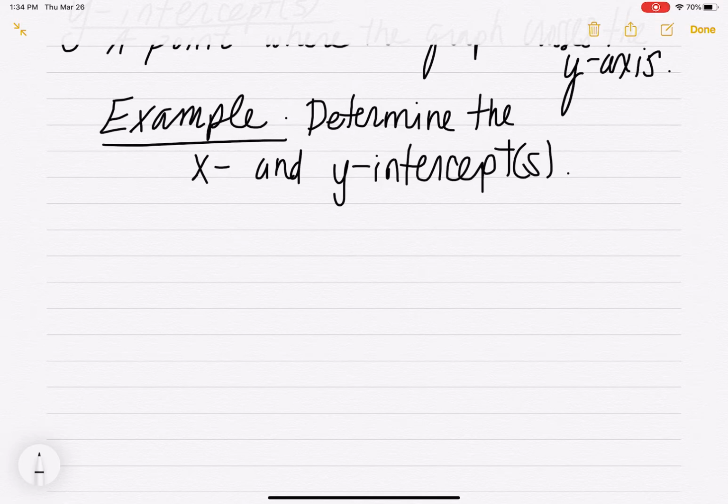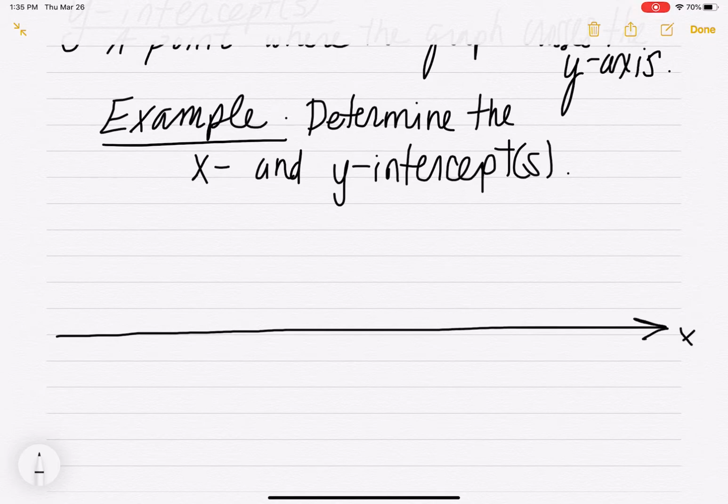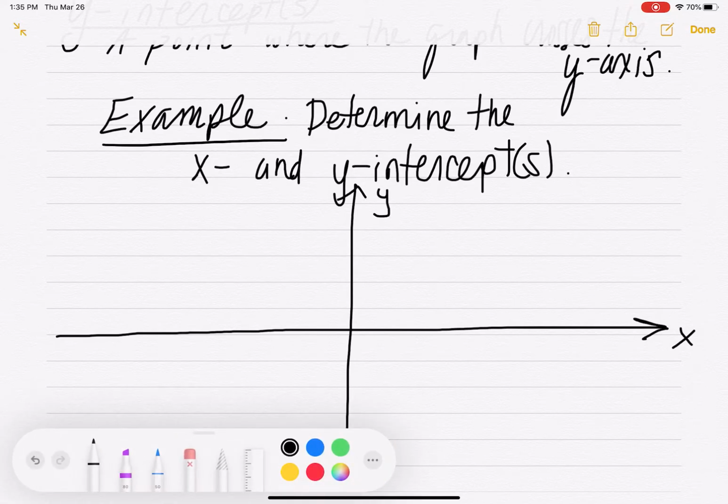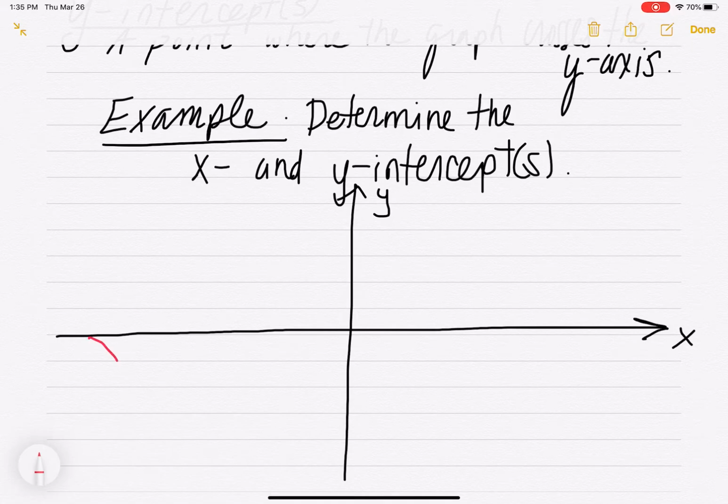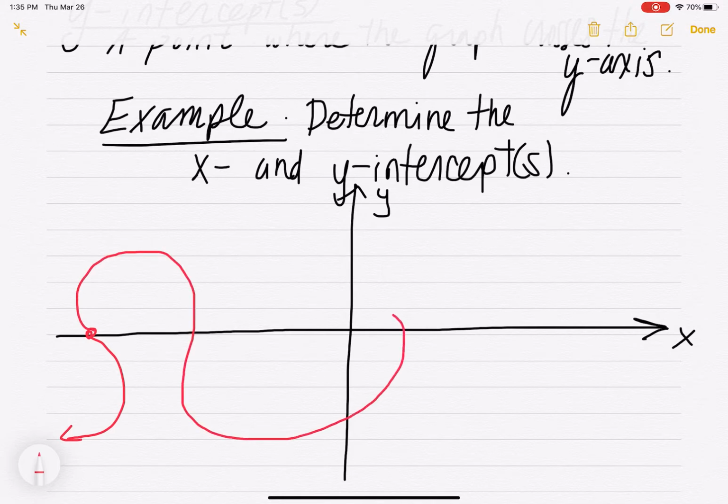So let's say here I have my x-axis, and here I have my y-axis. And my graph does something funky, maybe. Let's say it does something like this. I'll call this G for graph.